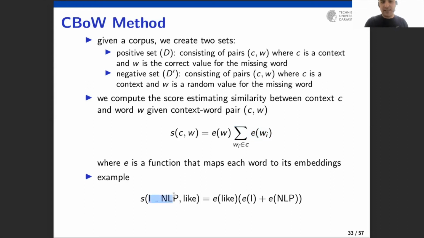So if you look at this example, we do not have any order between I and NLP. Why? Because we calculate the sum of their vector representations. So if we have I NLP here or NLP I here, with NLP as the first word and I as the last word, the value of these two would be identical, because the output of the sum function will not change if you change the order of the inputs.